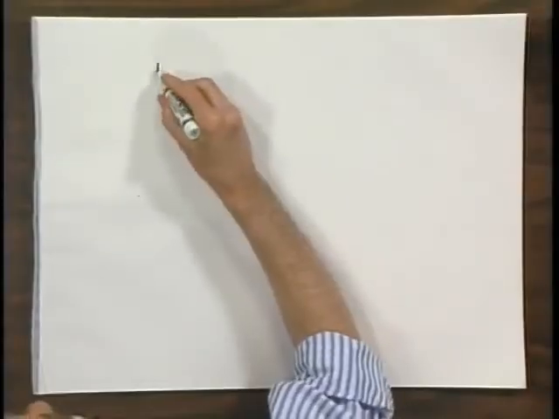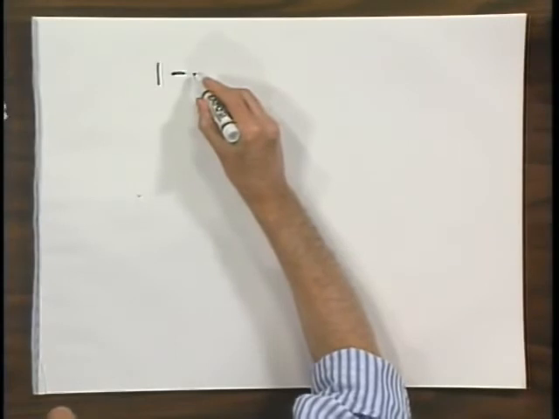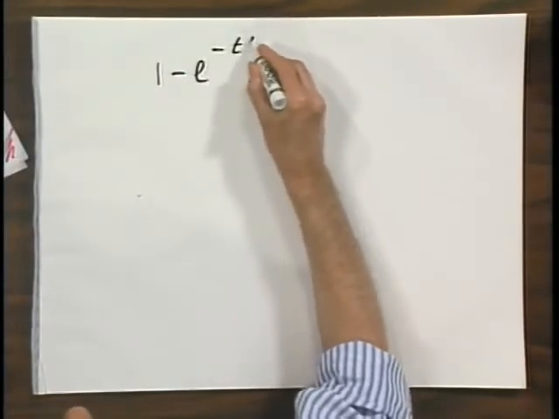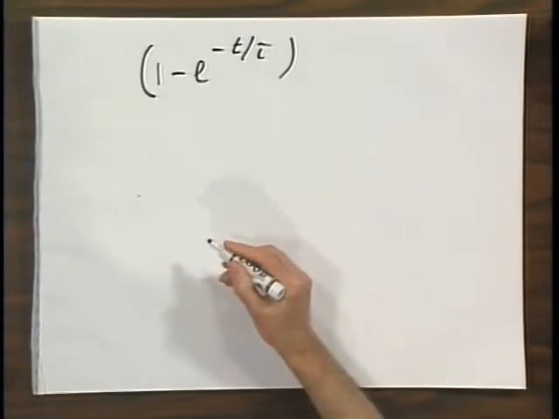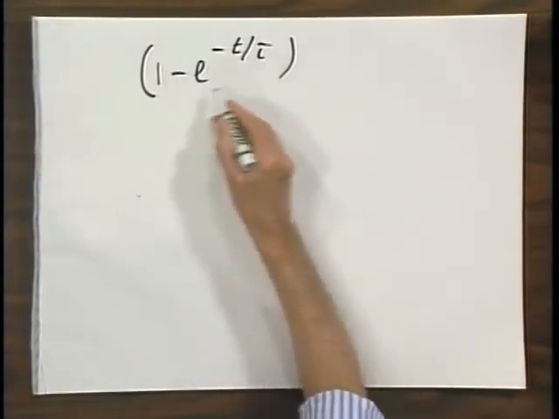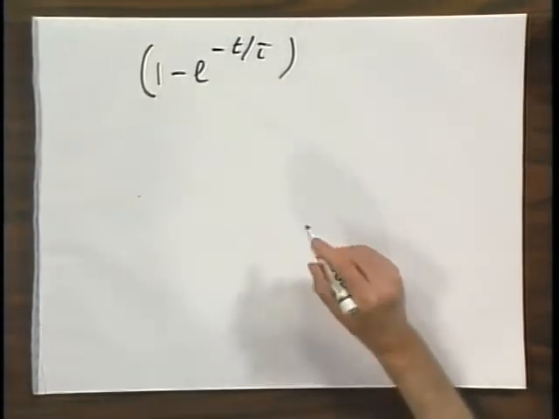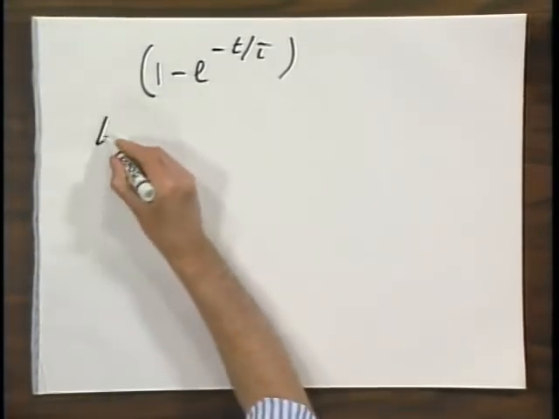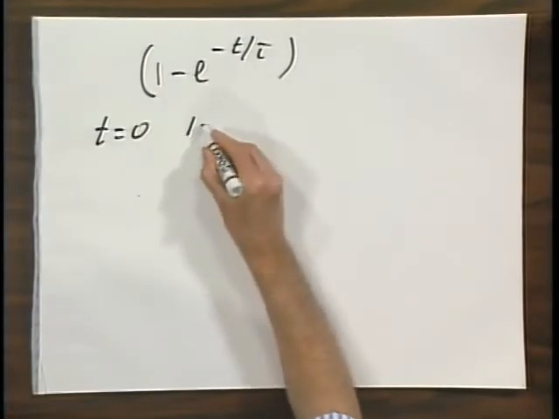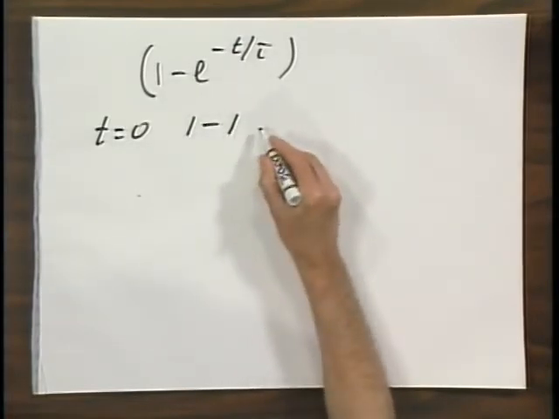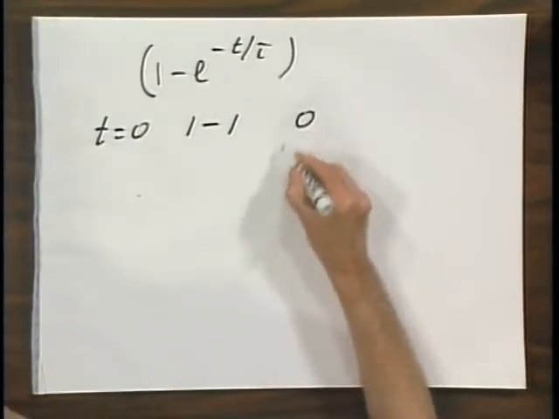And this time-dependent term equals 1 minus e to the minus t over tau. If we evaluate this time-dependent term alone, then when t equals 0, you get 1 minus 1, and so this term becomes 0.